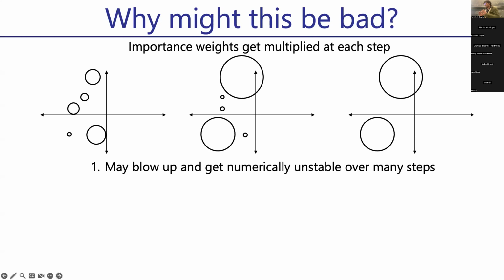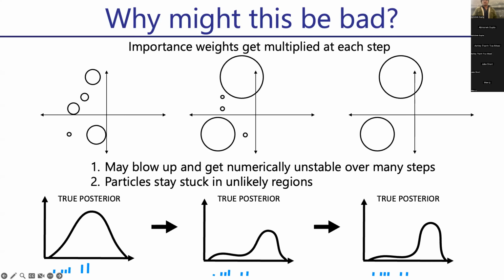Basically, the particles only move in the dynamic step. Imagine you ended up in a situation where there were a lot of particles in a low likelihood region. A lot of particles will get stuck in some region and the weights will change, but the particles may get stuck.